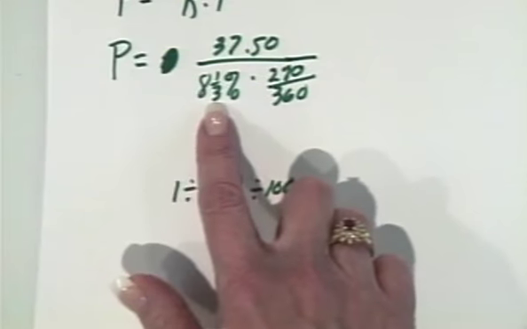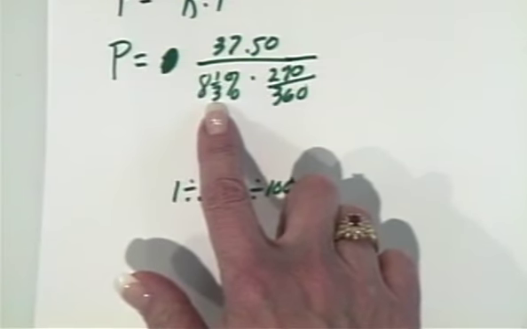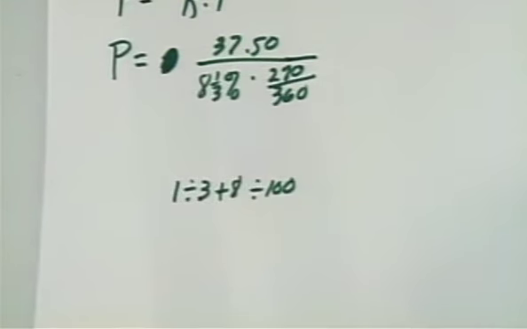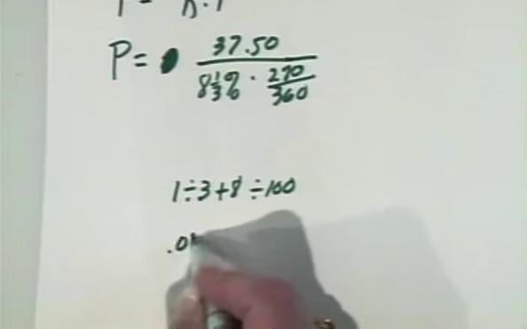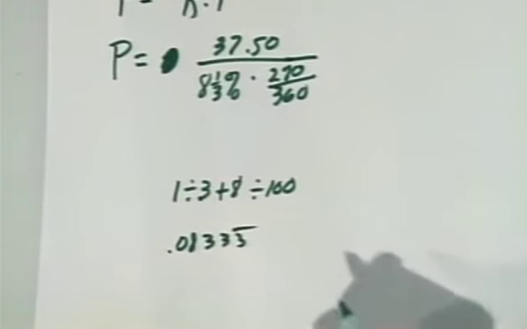We've got to take care of the third first. Does that make sense? So let's do 1 divided by 3 plus 8. Then we're going to divide by 100. That actually comes up with 0.08333 repeating. Then we're going to take that times 270 divided by 360.